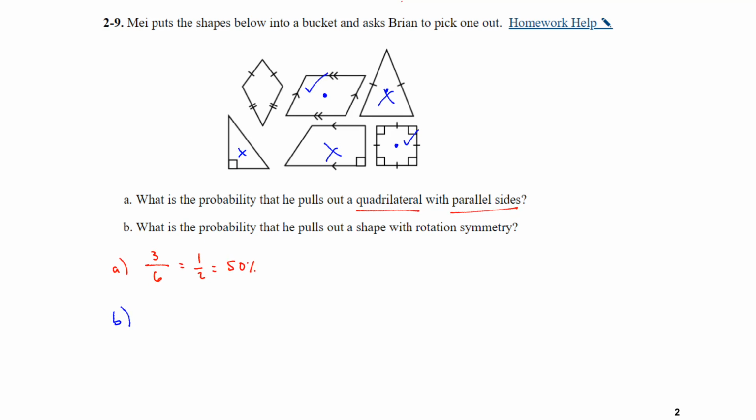And you can use tracing paper, obviously, as you guys are doing this one. And then the kite, there's no way you're going to be able to rotate that around. So it looks like we have a total of 2 out of 6 possible, or 1/3. And if you write that as a percent, you are going to have to write it as an approximation, unless you wrote 33 and 1/3, but we'll just call it approximately 33%.